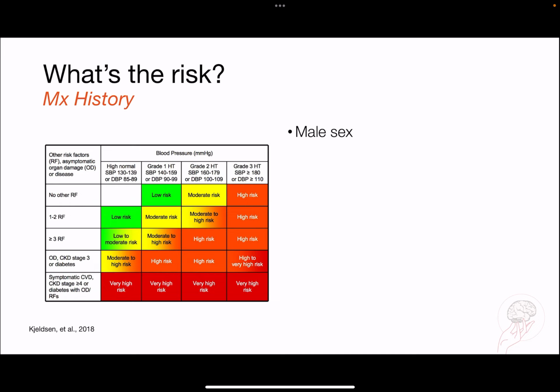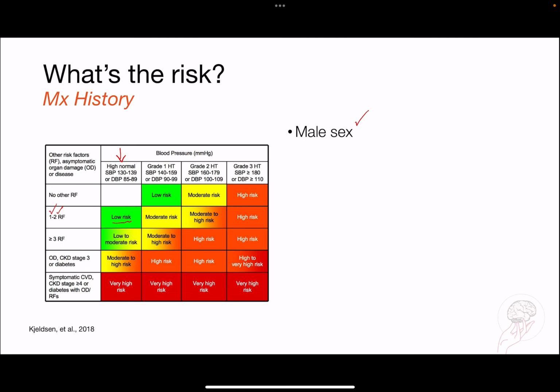For medical history, or just biological history, simply being a guy is a risk factor. So say you are a man, you have high to normal blood pressure. Being a man is one risk factor, and if you have a large waist circumference, that's 2.